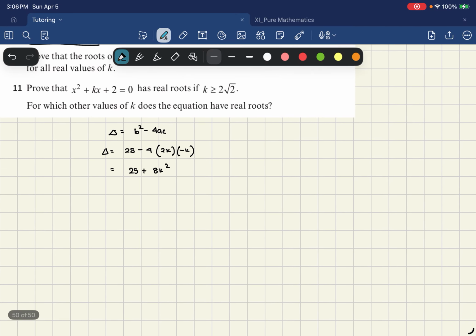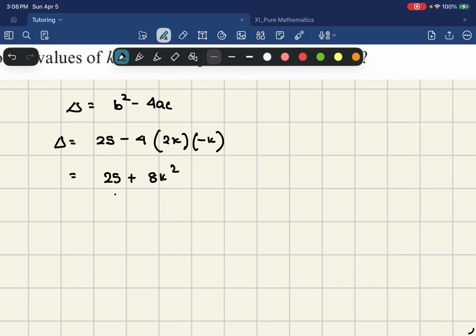And if you think about this, now let's just remember the graph transformations we talked about. 8 times, this is a. This is the stretching factor we were talking about. So this just makes our graph sharper, right? If this is y is equal to x squared, multiplying by 8 just stretches it. And adding 25 just shifts it 25 units up. So this is our vertical shift.